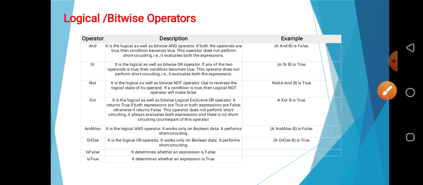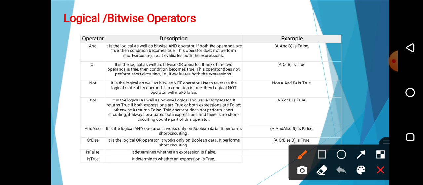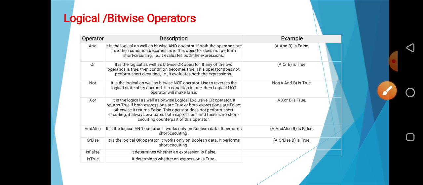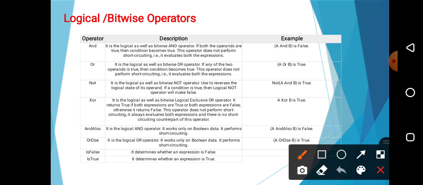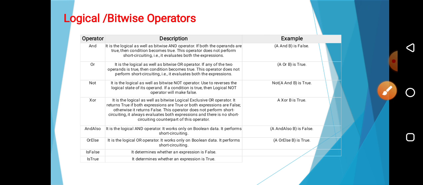The next operators are logical operators. Students, the different logical or bitwise operators are AND, OR, and NOT. AND and OR are used to check different conditions at the same time. For example, I want to check that the first condition is true as well as the second condition is also true.